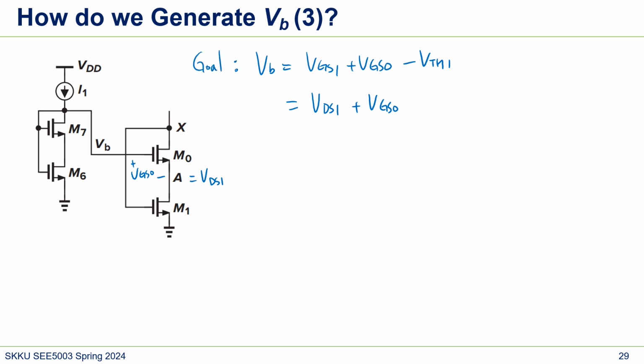And let's see this part. VB is VGS6, but we can also represent it as VDS6 plus VGS7.